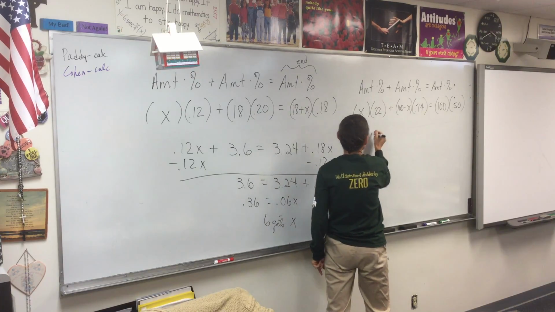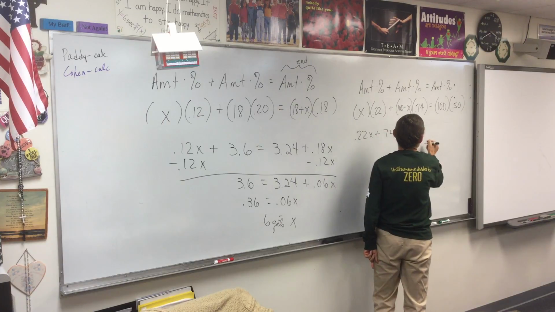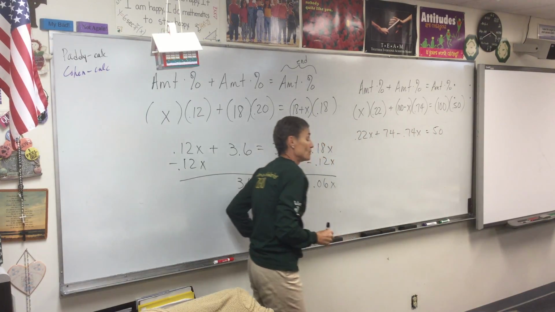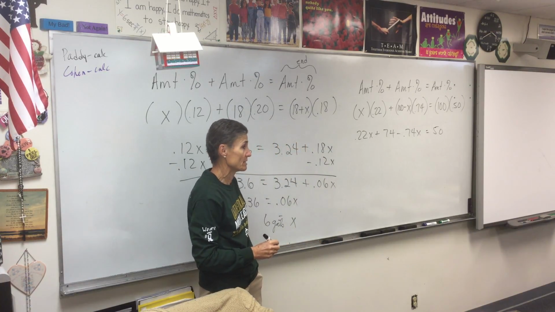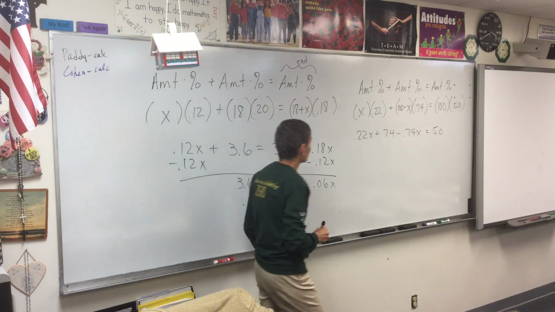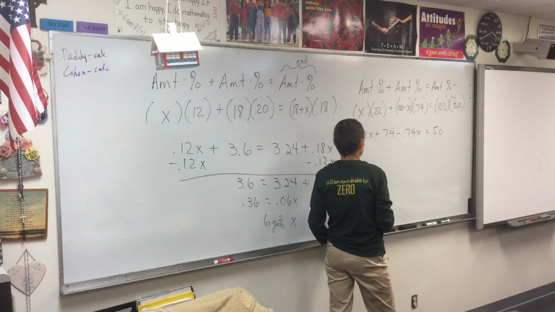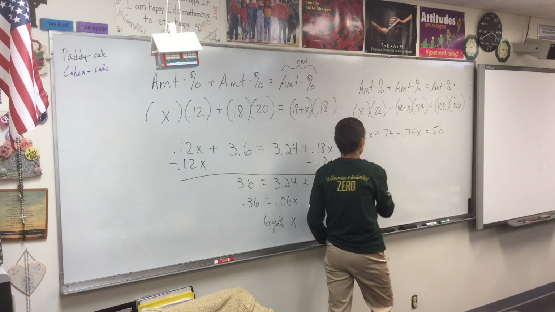All right, so we have 0.22x plus 74 minus 0.74x equals 50. Now again, if you want to use a calculator for this, please do, if you do not trust your arithmetic. I'm going to risk my arithmetic here. Let's see.